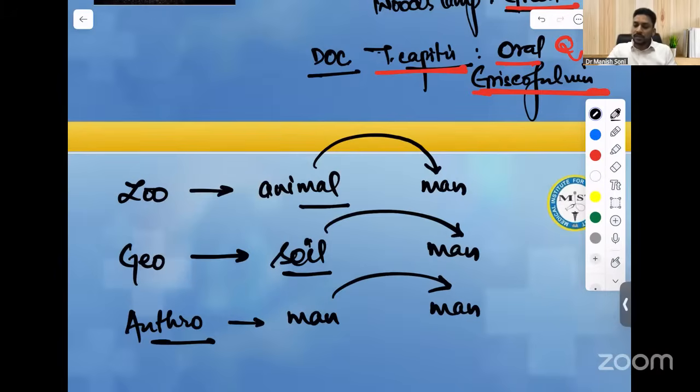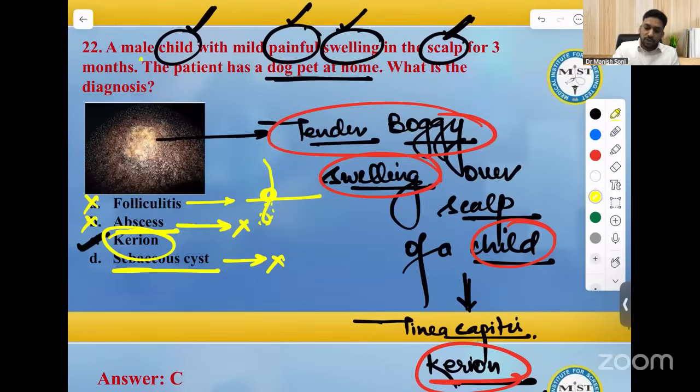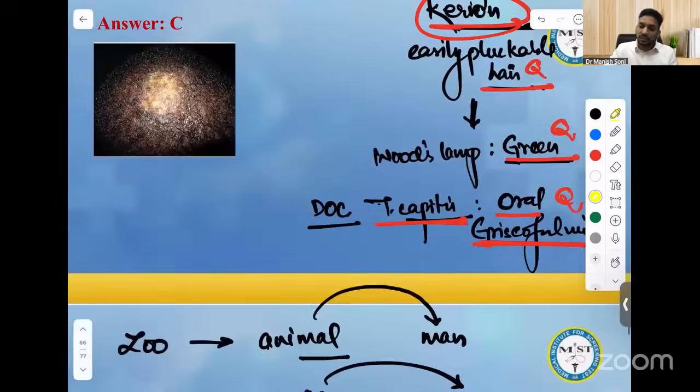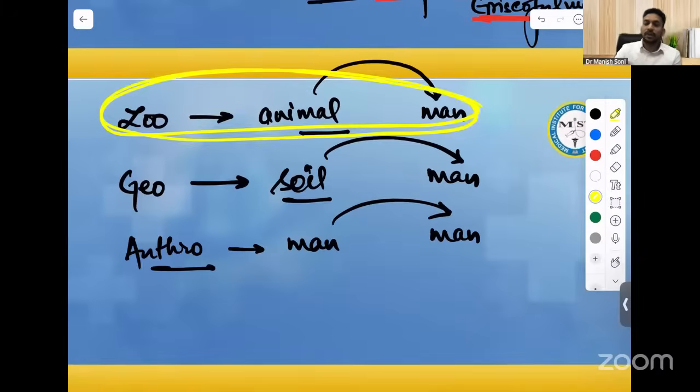So what is the importance of writing this sentence here? Patient has a dog pet at home. They want to tell you that the infection was present in the dog, in the pet, and later on that man was involved, that child was involved. So animal to man. So probably which dermatophyte has caused it?